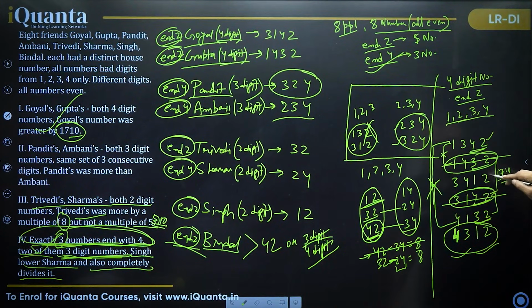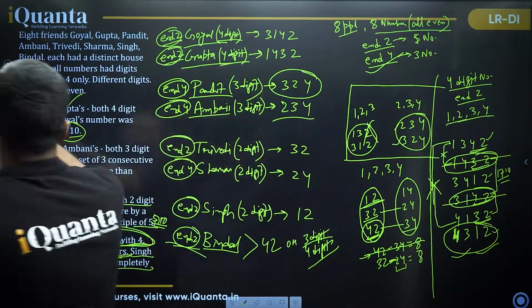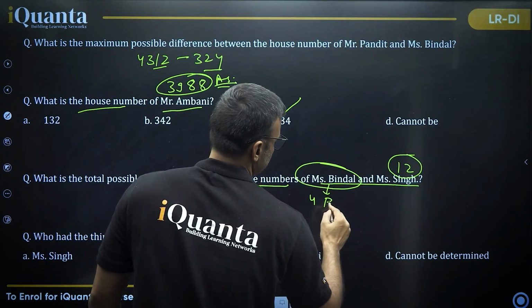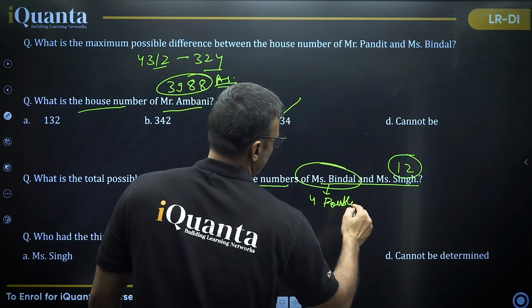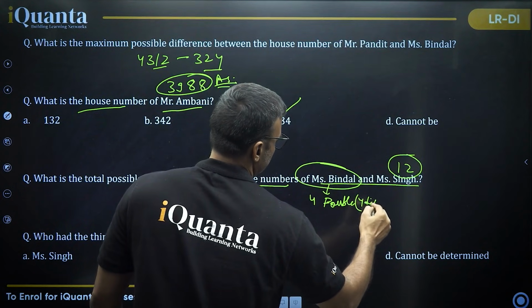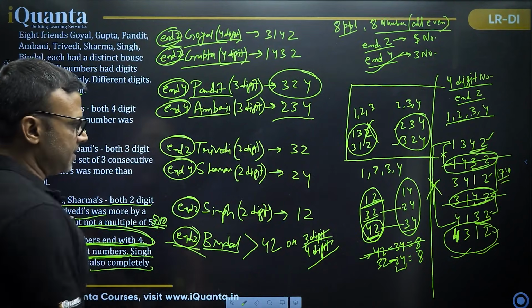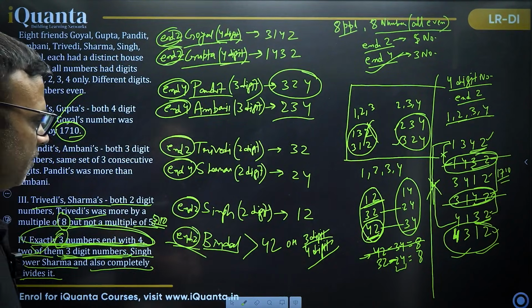So 1, 2, 3 and 4: 4 possibilities of 4-digit numbers for Miss Bindal.